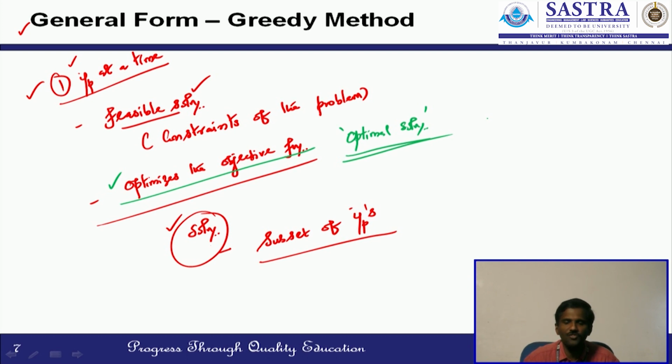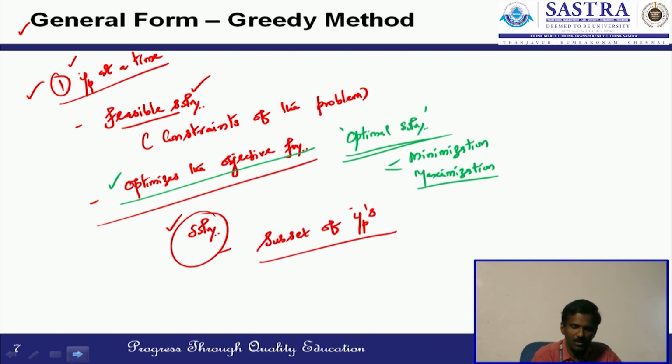At that stage we need to find out the optimization, either minimization or maximization. So the objective function is either to minimize or maximize based on the constraints of the problem.